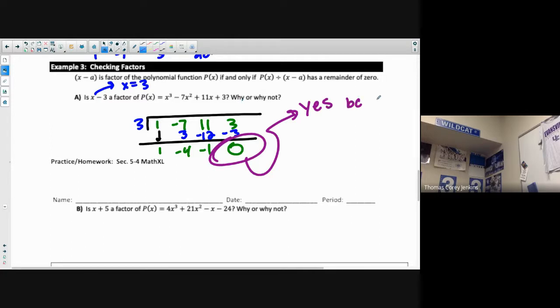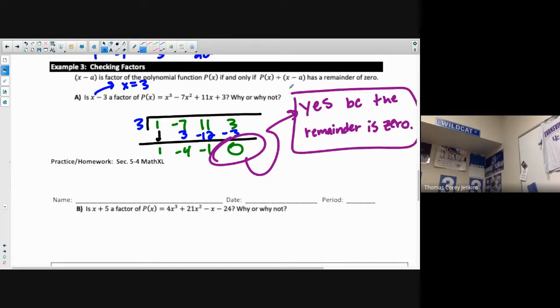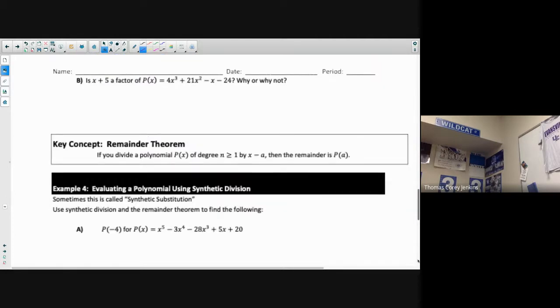Because the remainder is 0. Something like that, okay? I'll let you try B. And remember, it's not the only way you could do it. You could check graphically, which now I wish I would have pulled up my graphing calculator, but maybe you can see what I'm talking about.